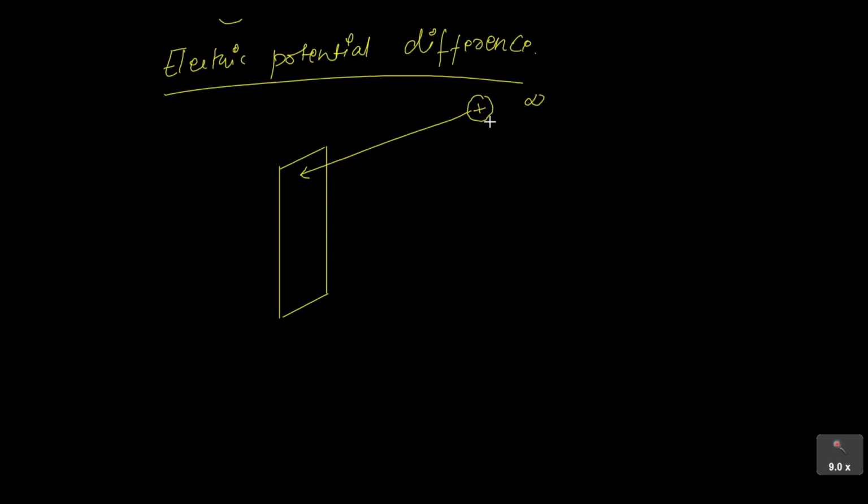To move this charge, I don't have any force repelling it, so I do not need to do any work. Then it does not have any potential energy, because potential energy is the work which is stored.